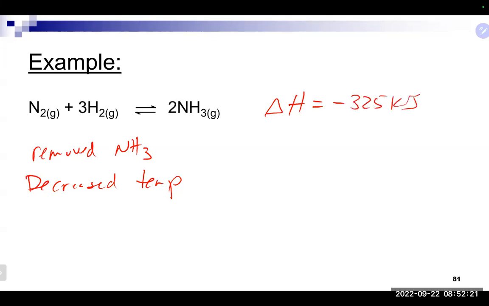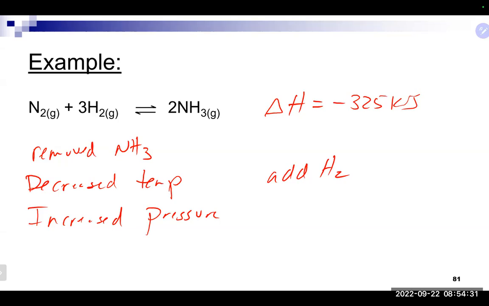We'll do this one. We'll do increase pressure. H2. And that's good, I think, for now. All right, left, right, no change.